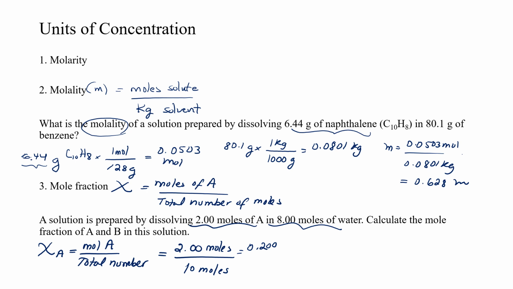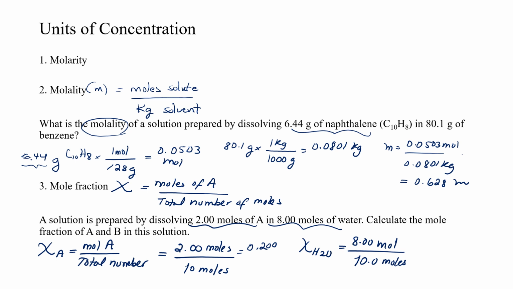If you want to find out the mole fraction for the water, it is the moles of water divided by the total number of moles. So the number of moles of water is 8.